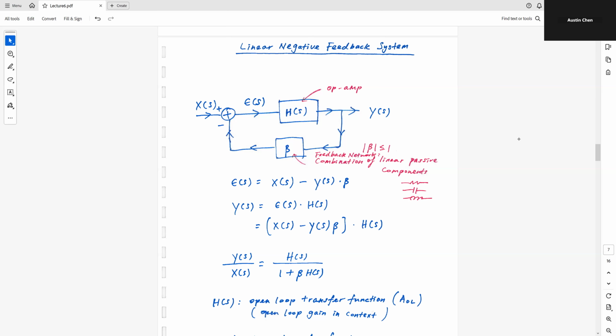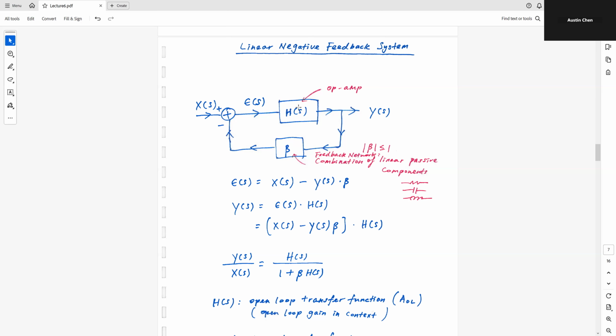I call this first one H of S. You can assign a different letter, that's fine. I'll just follow some classical notation in control theory, and you can also use A if you want to. So H, and then also beta.